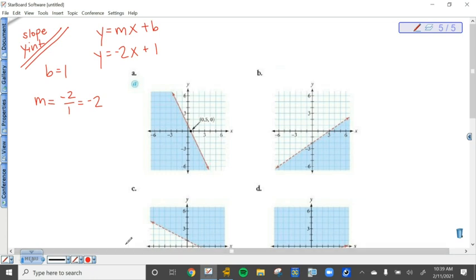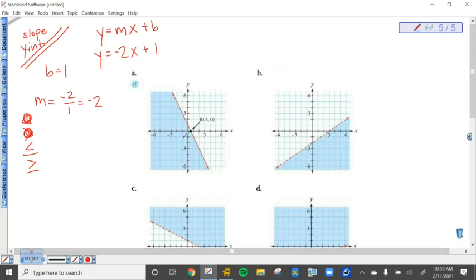Now I need to determine what kind of inequality to use: less than, greater than, less than or equal to, or greater than or equal to? Is this a solid line or a dashed line? Solid, so I know it can't be one of those. It's got to be this or this.